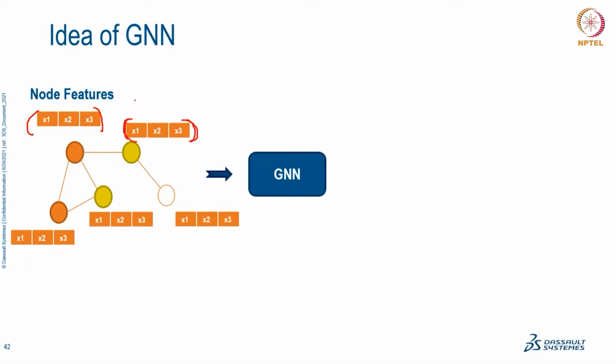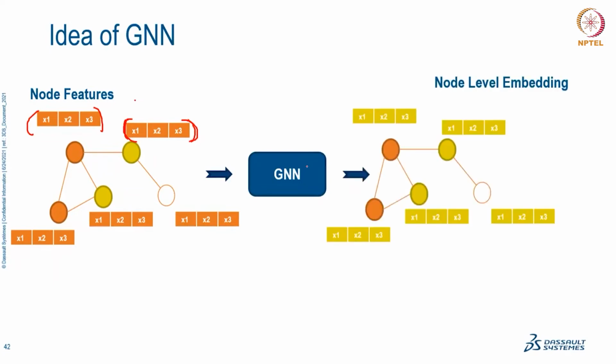We want to embed in such a way that there is a similarity between these nodes in the input compared to what is in the embedding space. So for now, just stick to GNN as a black box. And what this does is it outputs a graph with a feature vector that is embedded in some space. And these values are different from the input values.